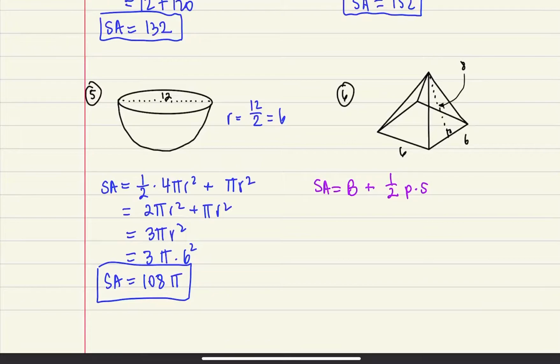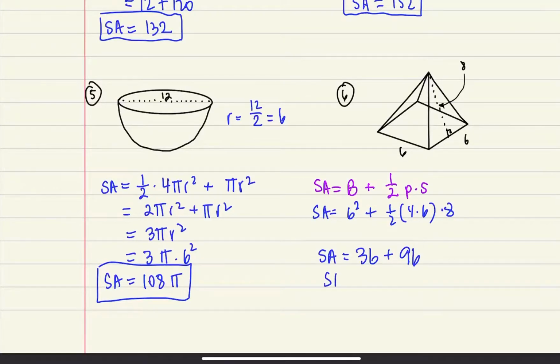Okay, and we have all the information, so the base is going to be just a square, so 6 squared plus 1/2. The perimeter of the base is going to be 4 times 6, and the slant height is 8. So the surface area here is going to equal 36 plus 4 times 6 is 24, divided by 2 is 12, 12 times 8 is 96.